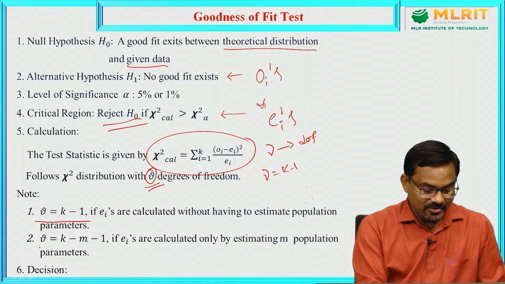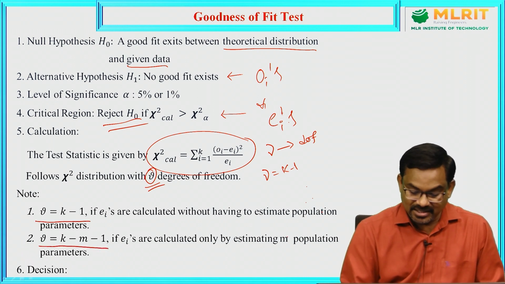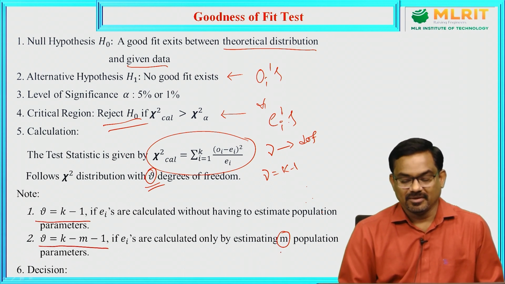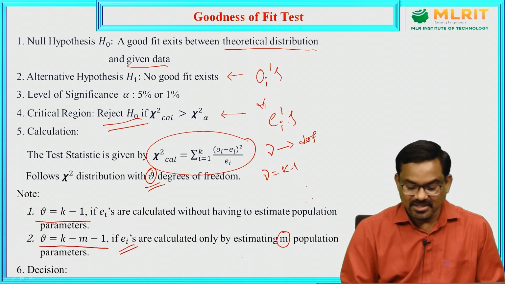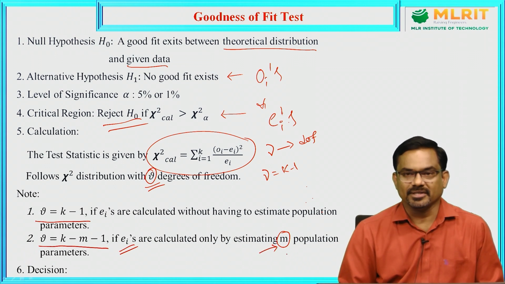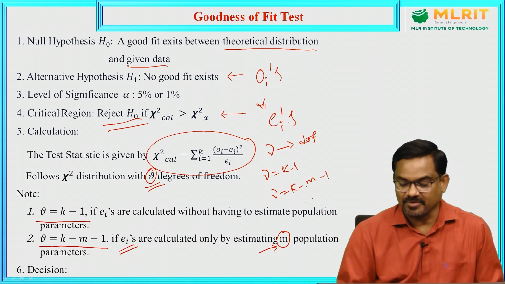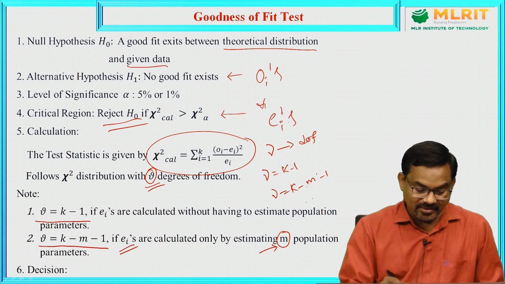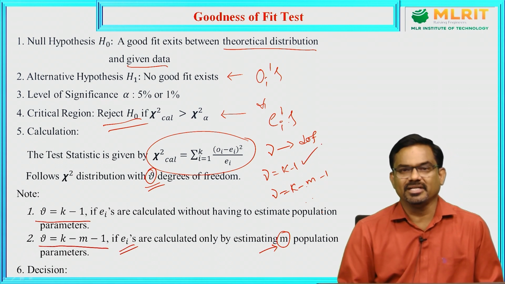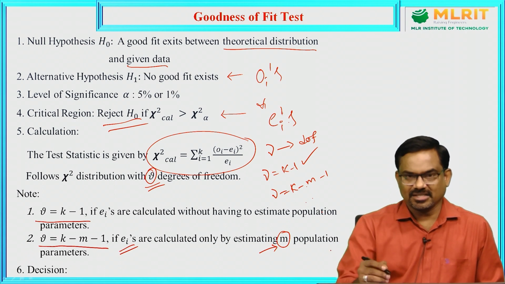Second one, nu will be k-m-1 if we are calculating m population parameters to estimate Ei. To find the expected frequencies, if we need to calculate m population parameters, then nu will be k-m-1. If we are not calculating any population parameters, simply we consider the degrees of freedom as nu equal to k-1.